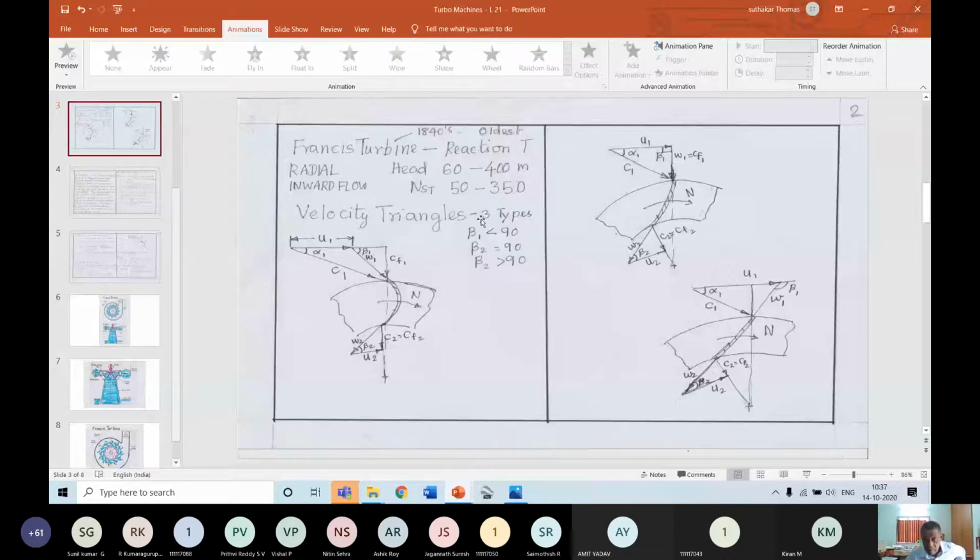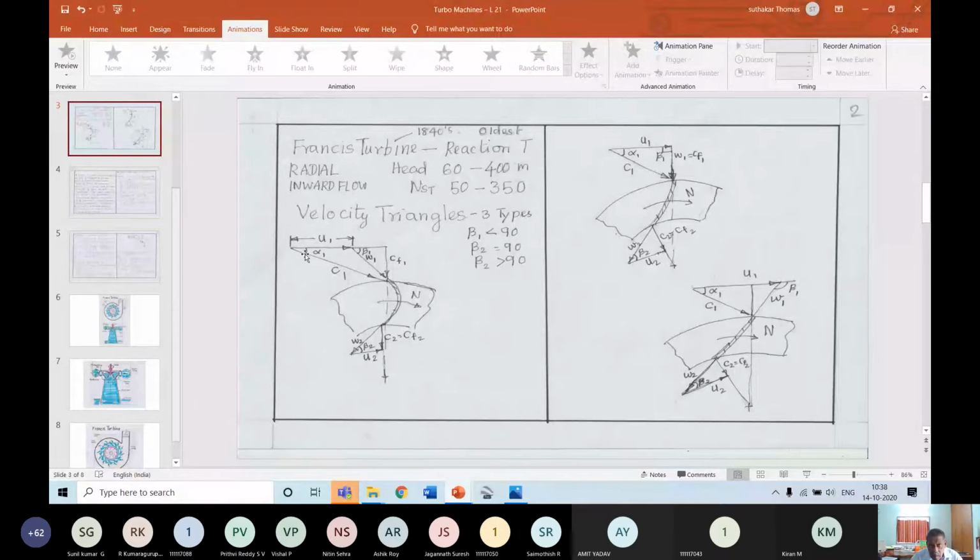So the first one, the velocity triangle is indicated, a partial section of the impeller is drawn, and the direction of rotation is indicated here. At inlet, you can see the flow velocity is C1, making an angle alpha 1 with the direction of rotation.